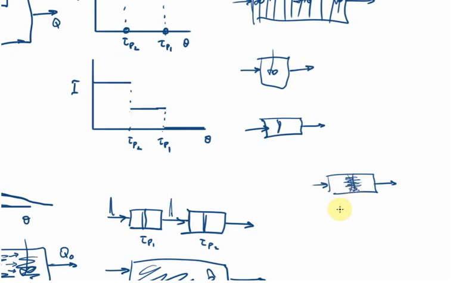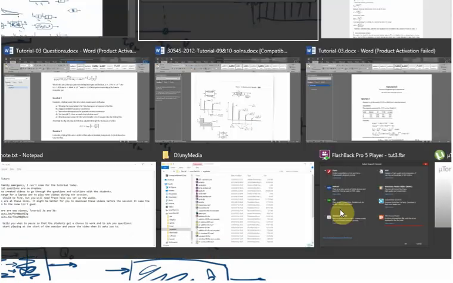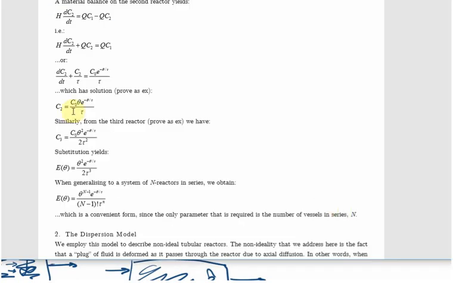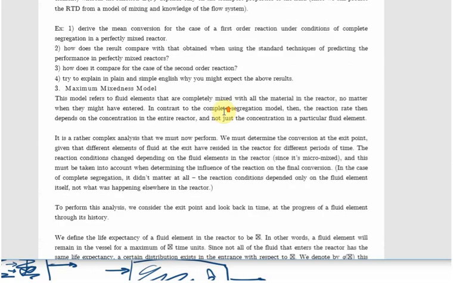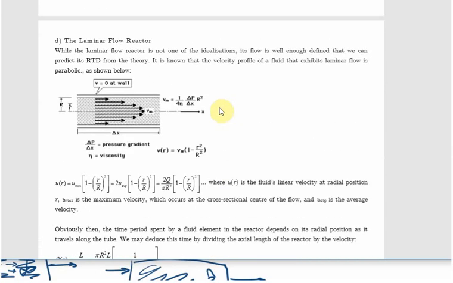For now, I'd like to look at another type of real reactor case, and that's the laminar flow reactor. So in laminar flow, of course, we have our fluid which exhibits this parabolic velocity profile. And if we think of this, there's no infinitely fast fluid anywhere here.